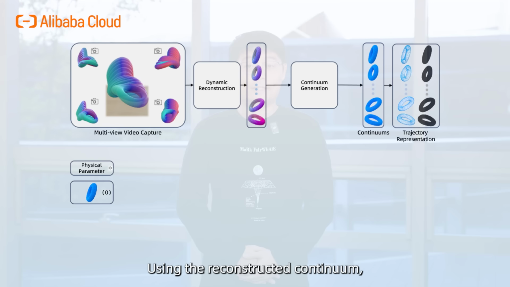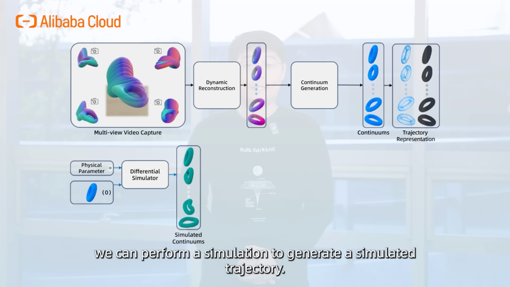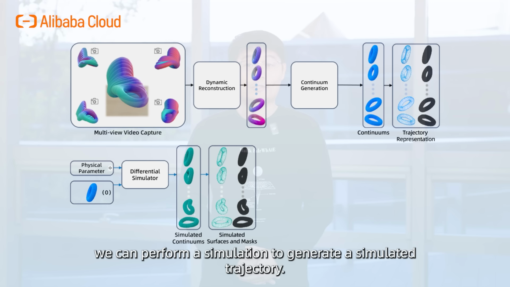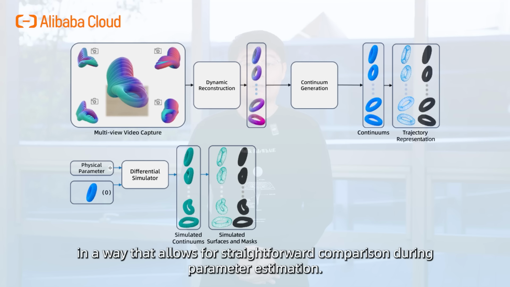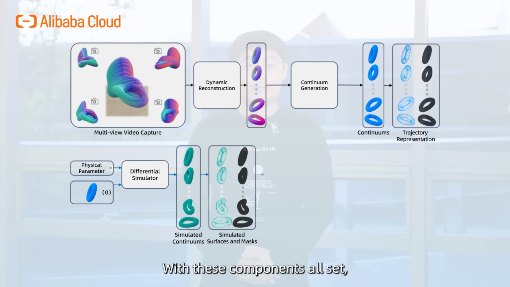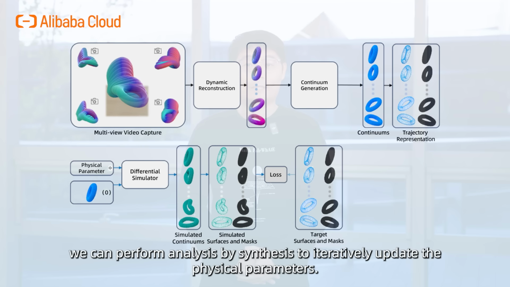Using the reconstructed continuum, we can perform a simulation to generate the simulated trajectory. The third question is how to represent the object's trajectories in a way that allows for straightforward comparison during parameter estimation. With these components all set, we can perform analysis by synthesis to iteratively update the physical parameters.